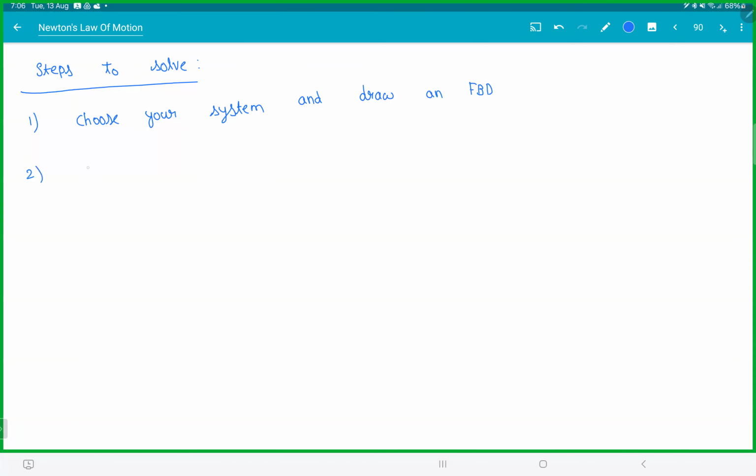Step 2, choose your X and Y axis. Or let's say, assign accelerations. Let's say there are 4 bodies, assign accelerations A1, A2, A3, A4, and find the relation between them using constraints.